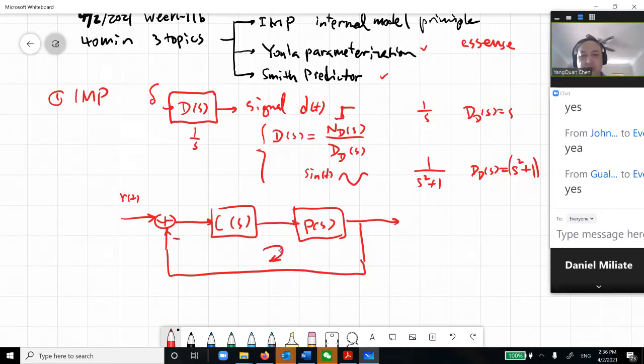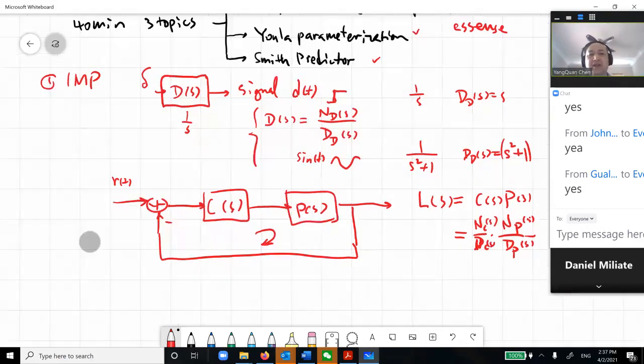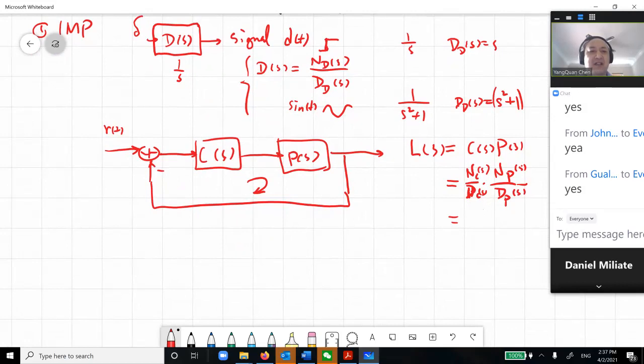So in this loop transfer function we usually write L of S is C of S and P of S. So then we can write this as numerator C, denominator C, numerator P, and denominator P. So numerator and denominator polynomials, of course, are polynomials of S. I'm dropping the bracket S. So this also can be written as numerator L, denominator L, a polynomial. So this is a loop transfer function.